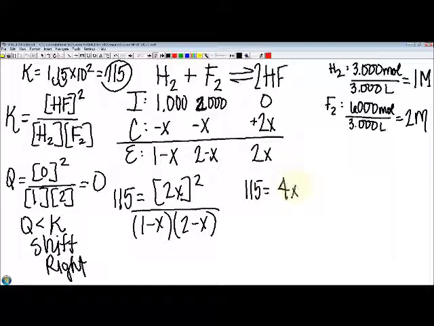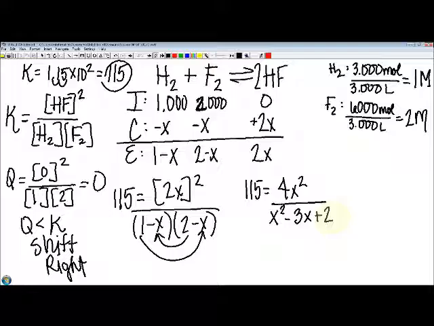So we have 4x squared over, and when I did the outsides, insides, all that wonderful stuff from Algebra 1, I got x squared minus 3x plus 2. Originally when you solve it, the x squared's on the other side, but we're normally used to thinking x squared first, so that's why I changed it around.